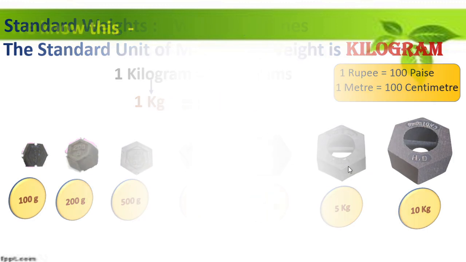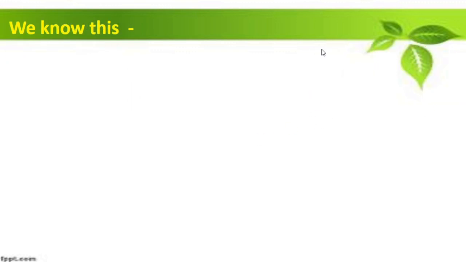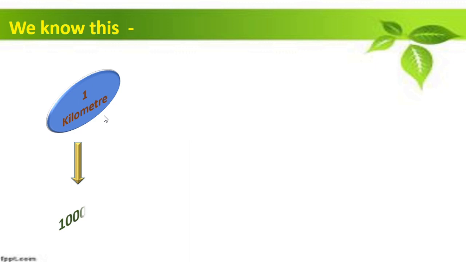Here, we know that 1 kilometer is equal to how many meter? 1000 meter. We have already learnt about this in the first part.